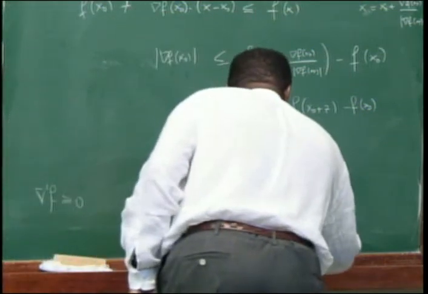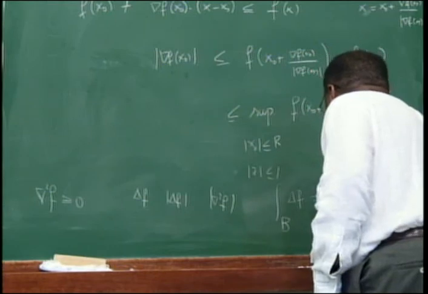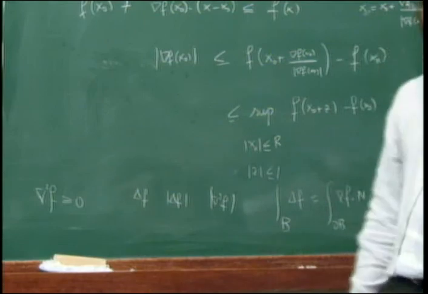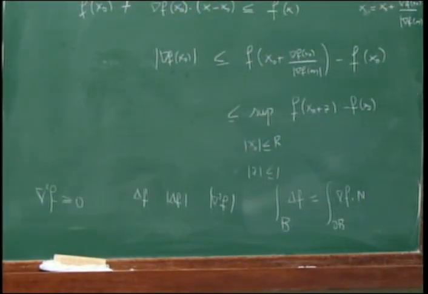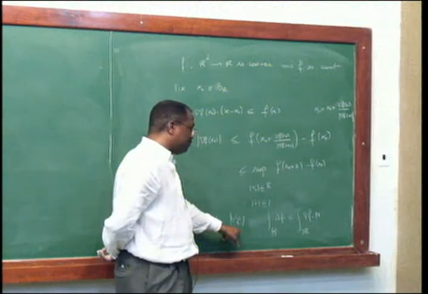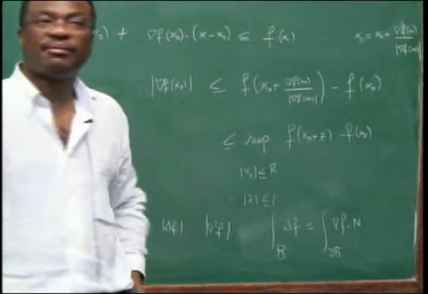But when I write the integral on the ball of the Laplacian of f, this is the integral on the boundary of the gradient of f multiplied by the unit normal. But the gradient of f is bounded on every compact set. Therefore, this integral is bounded, and so the integral of the Laplacian is bounded. So what I am learning is just the fact that this function takes finite value is telling me that the integral of the second derivative is bounded.